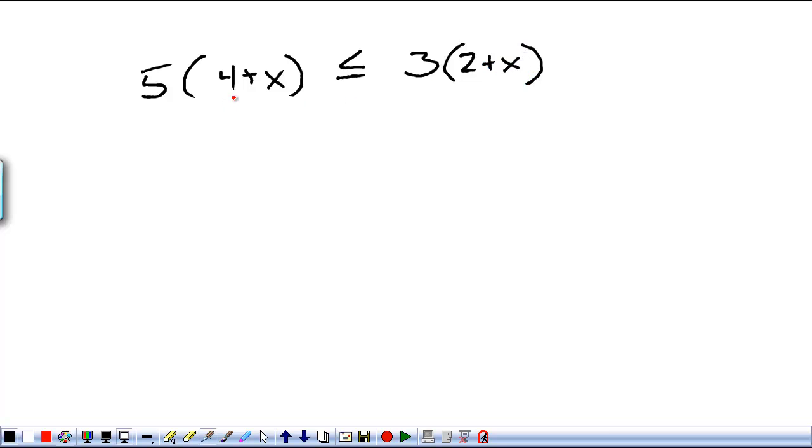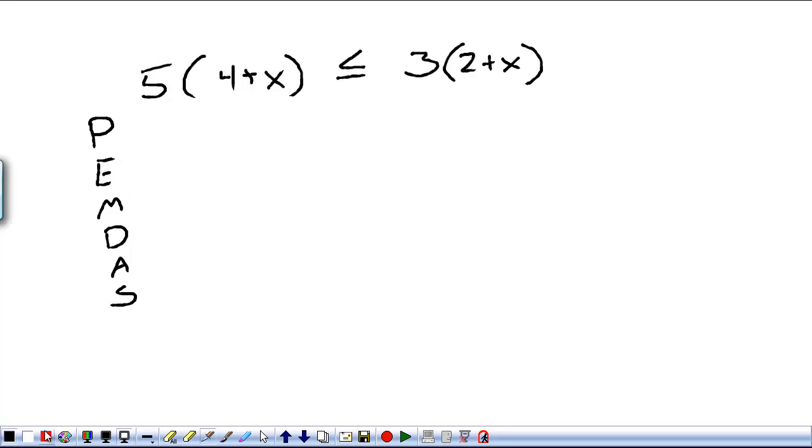First thing we're going to do is look inside the parentheses. Remember your order of operations: parentheses, exponents, multiplication, division, addition, and subtraction. Inside the parentheses, there's nothing we can do there. 4 plus x is just 4 plus x. Exponents, we don't see any, so our next step would be multiplication.